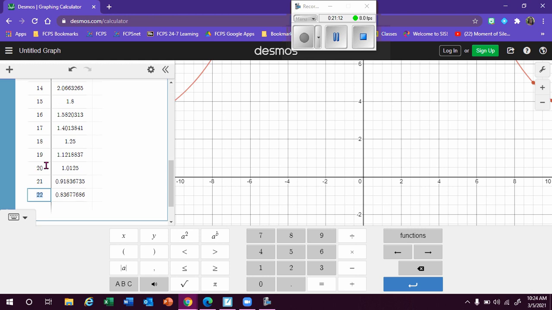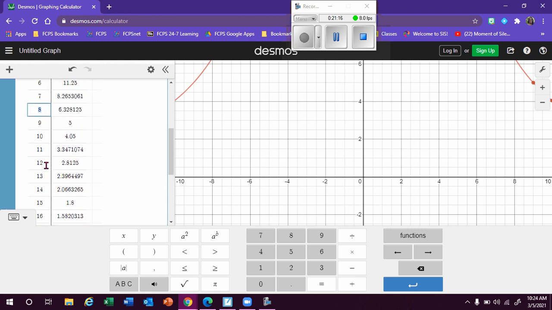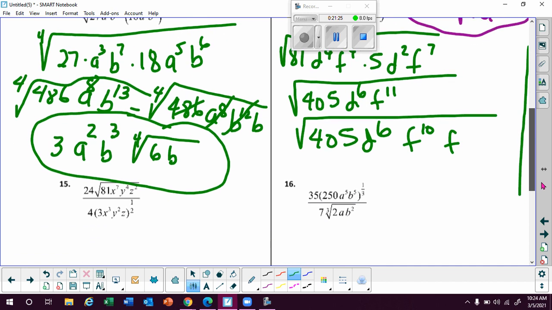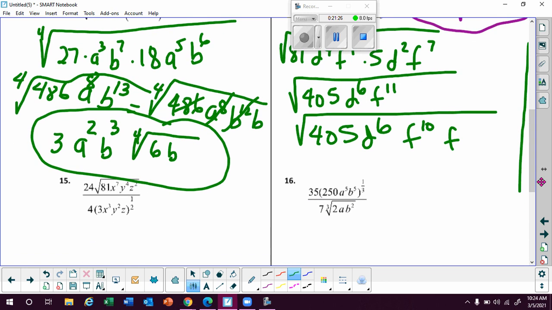Keep going. Yep, I got it, less than 1. Then I go up. Here you go, 9 and 5. So 9 goes out, 5 stays in.